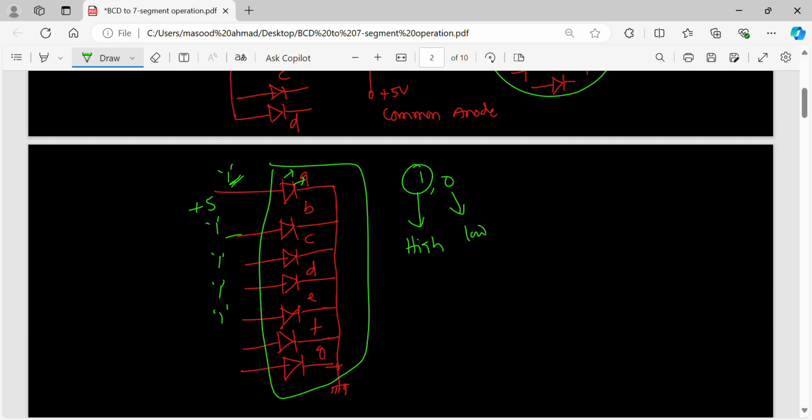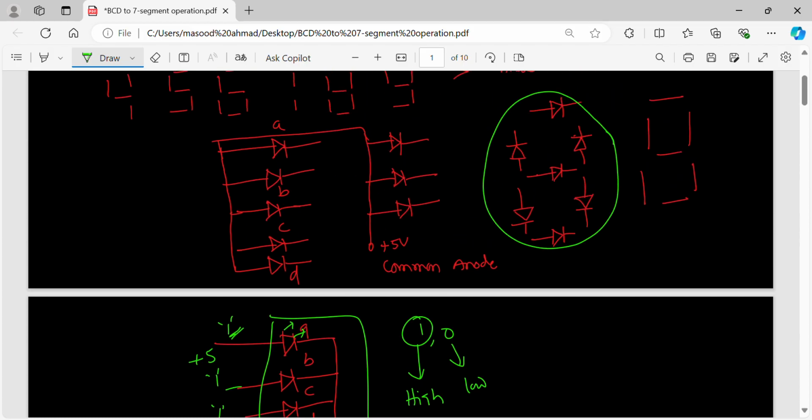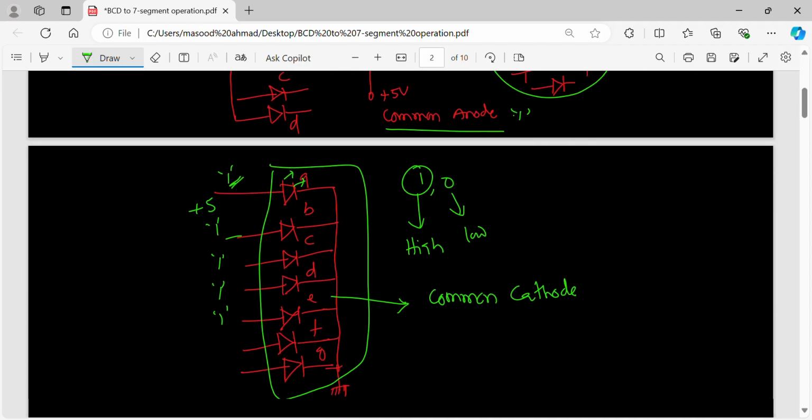This way of configuring the LEDs is known as common cathode. All cathodes are connected together, connected to ground. Earlier, all anodes were connected together, connected to supply voltage, logic 1. Now they are connected to logic 0.